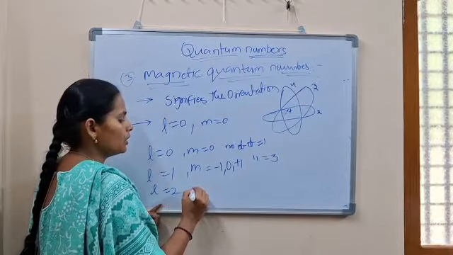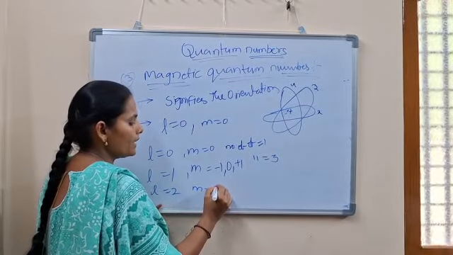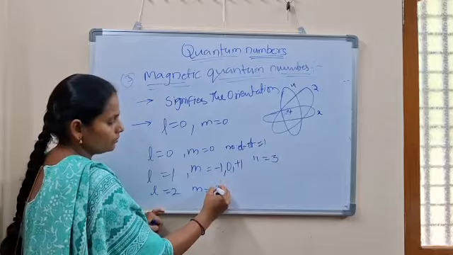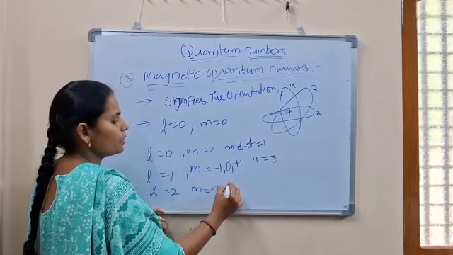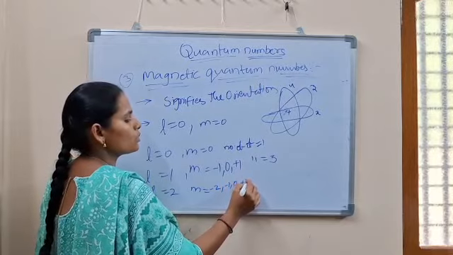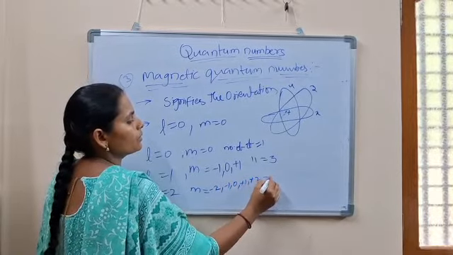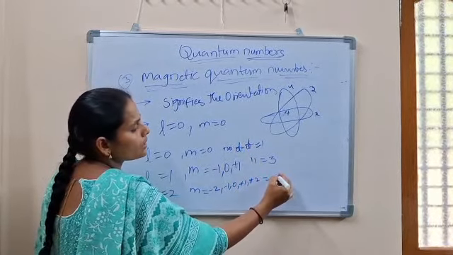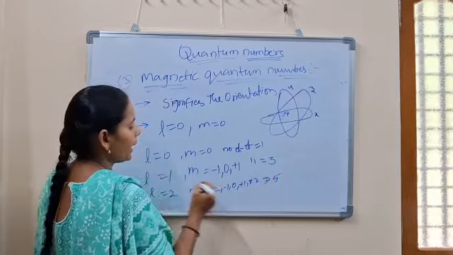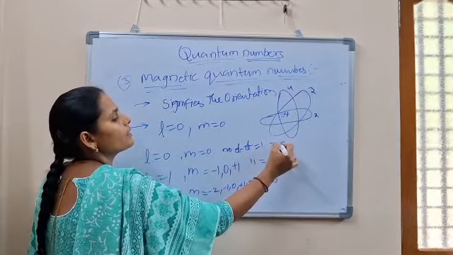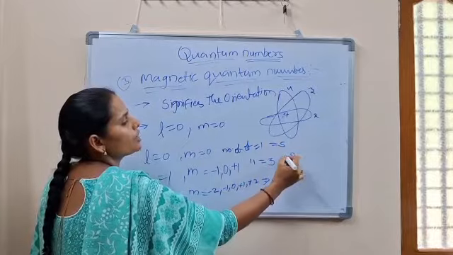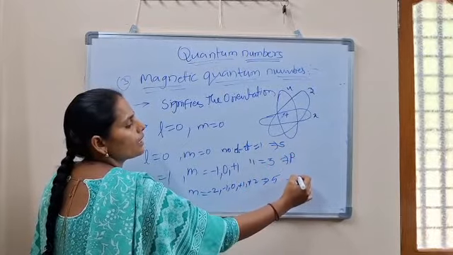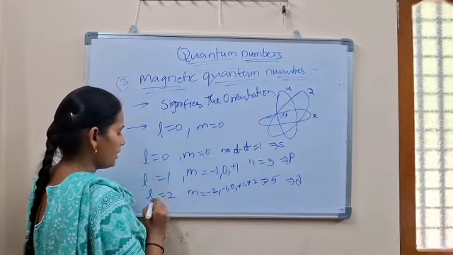If l equals 2, m equals minus 2, minus 1, 0, plus 1 and plus 2, and the number of orbitals is 5. This is the s subshell, this is the p subshell, and this is the d subshell.